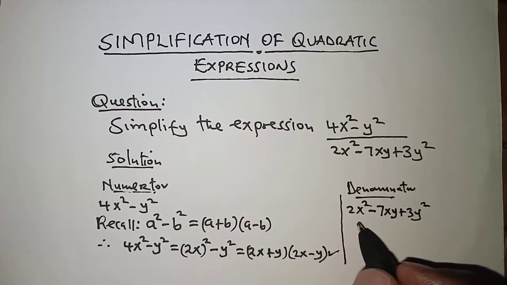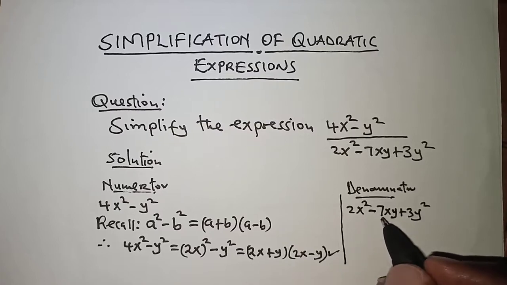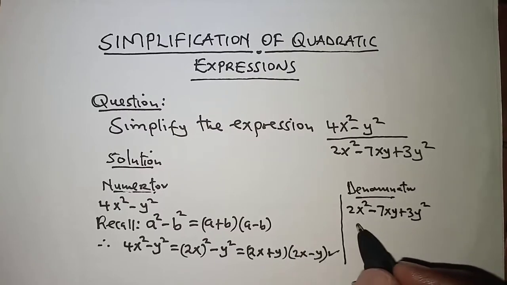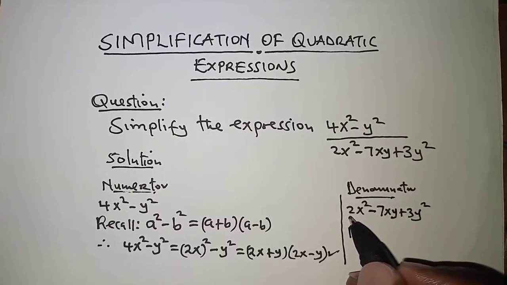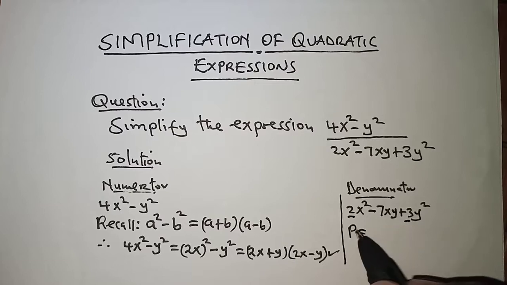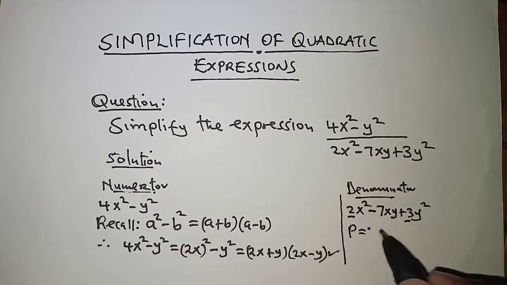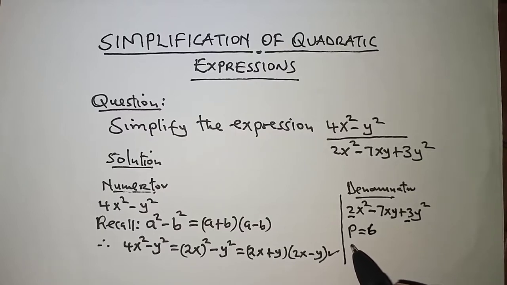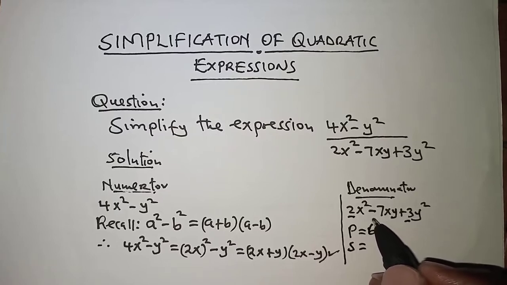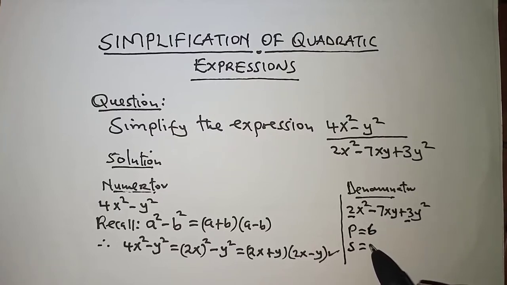So we're going to use the factor method again, and this time around, in order to factorize this expression, we consider two factors such that their product should be equivalent to the product of the coefficient of x squared and the constant term. So we have 2 by 3, which is 6, and also their sum should give us the coefficient of xy, which in this case is -7.